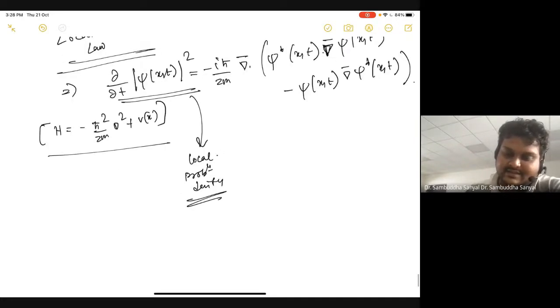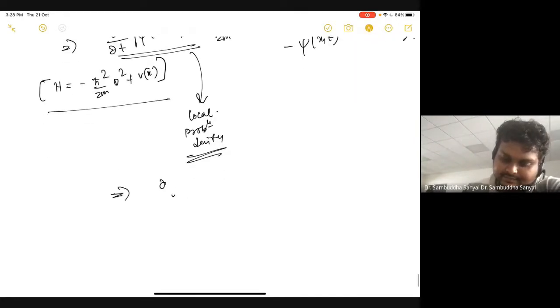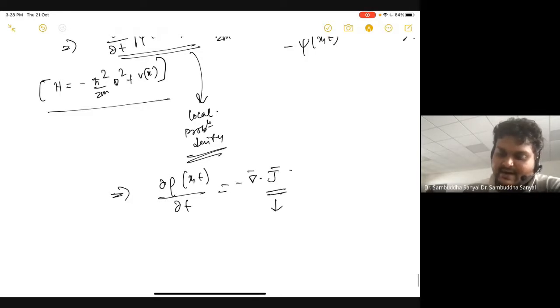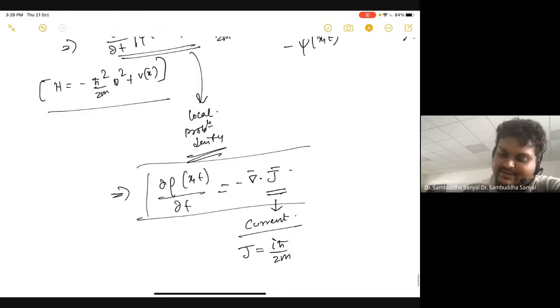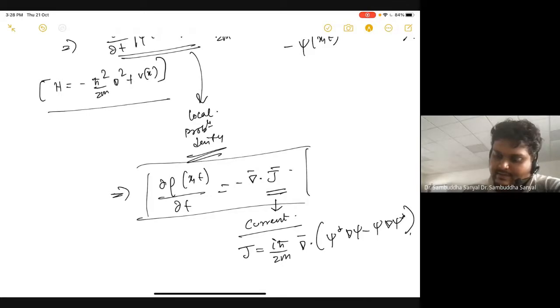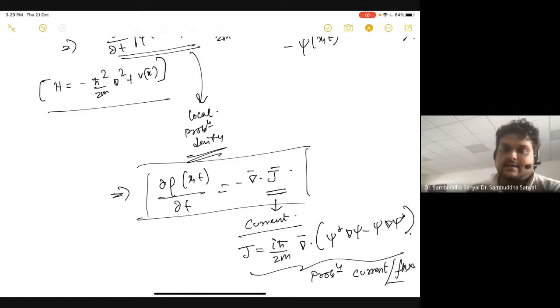So I can rewrite this equation as, where J is the current, the current or flux.